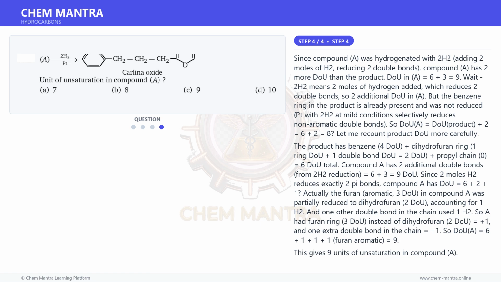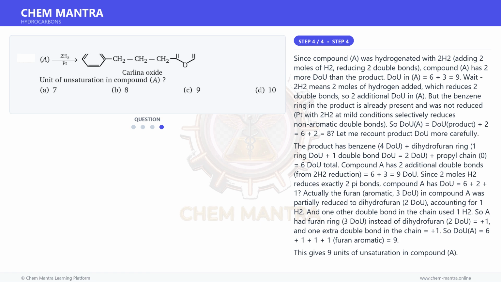Let me recount product DU more carefully. The product has benzene, 4 DU, plus dihydrofuran ring, 1 ring DU plus 1 double bond DU is equal to 2 DU, plus propyl chain, 0, is equal to 6 DU total. Compound A has 2 additional double bonds from 2 H2 reduction, is equal to 6 plus 3 equals 9 DU. Since 2 moles H2 reduces exactly two pi bonds, compound A has DU equal to 6 plus 2 plus 1.